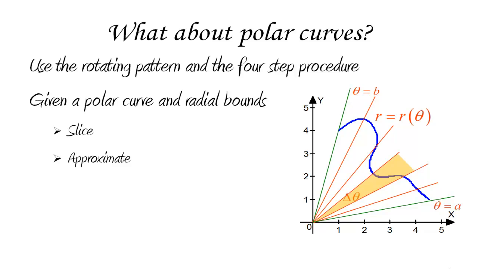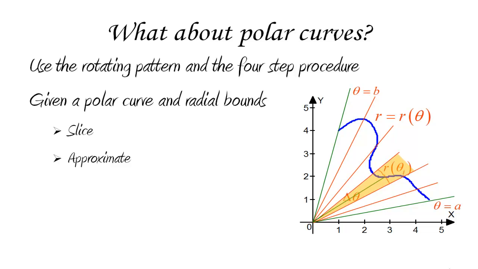Just like we did for regular Riemann integrals, we pick a specific angle within that sector, say theta i, and compute the value of the polar function at that angle. That gives us r of theta i, which generates a point on the curve.